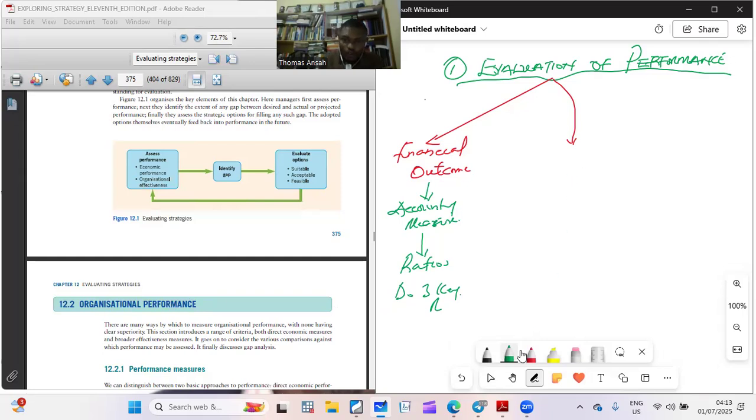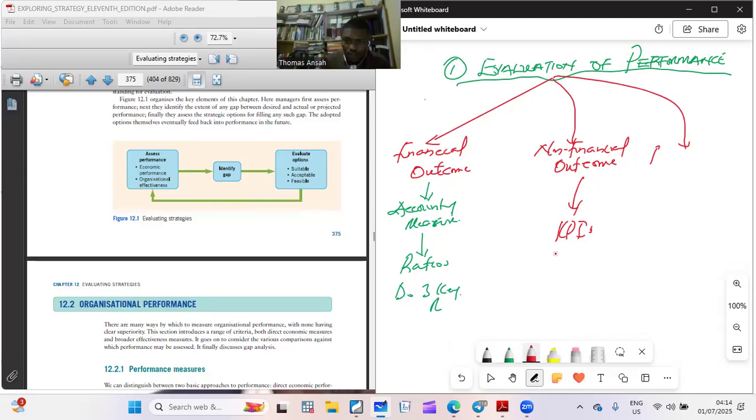Then we have non-financial outcomes. Here it's about KPIs. And lastly, so for the non-financial outcomes, we have the product market performance, how the market is doing.